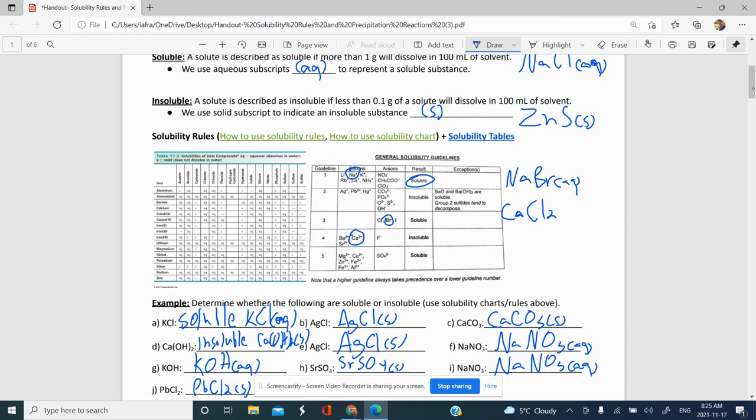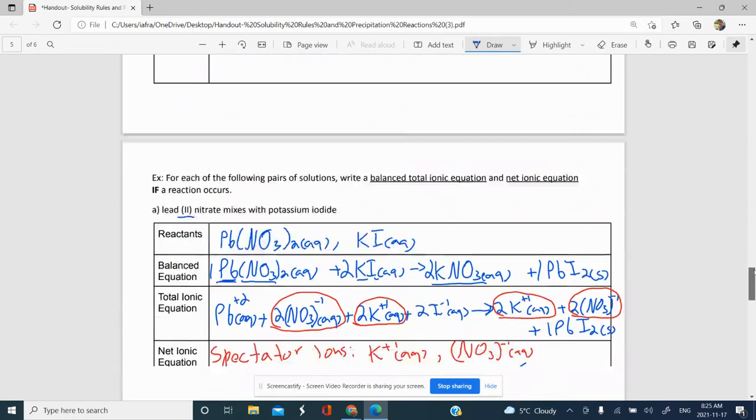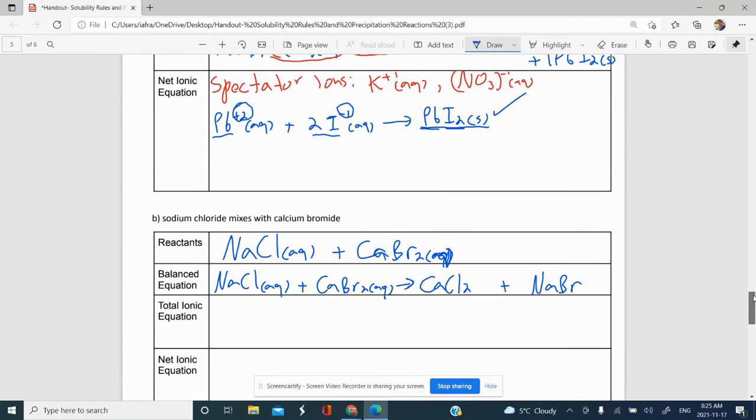So calcium's over here, chloride's up here, chloride wins and is also aqueous. So this is interesting. In this case here, we have two substances that are aqueous. And it's not that there's a neutralization reaction where water is made or one of these breaks down to make a gas in water. So this is clearly a case where there's no reaction because nothing new was formed.